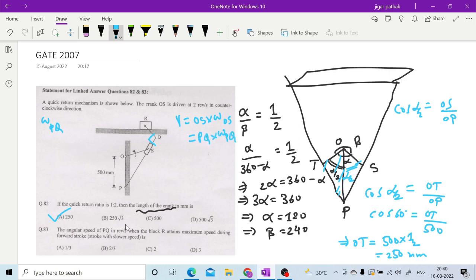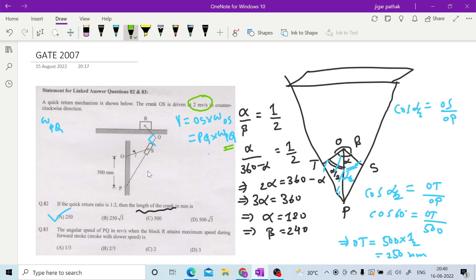Now here what you are asked is the angular speed of PQ, that is omega PQ, because omega OS is given as 2 revolutions per second. So here omega OS is 2. OS means the length of that crank, which is already calculated as 250.